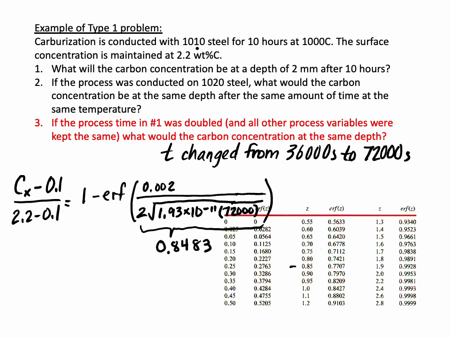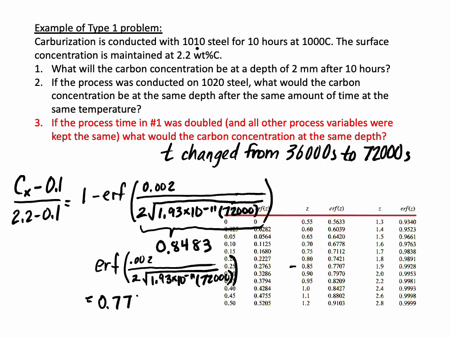So the value error function of 0.002 divided by 2 square root 1.93 times 10 to the negative 11 times 72,000 is equal to 0.77. This value right there.